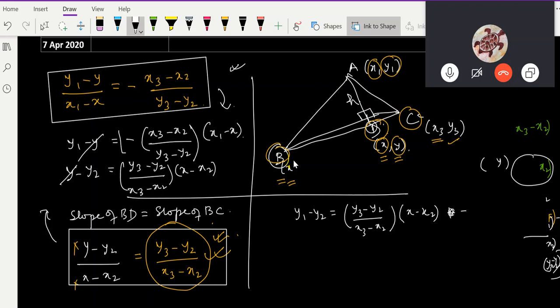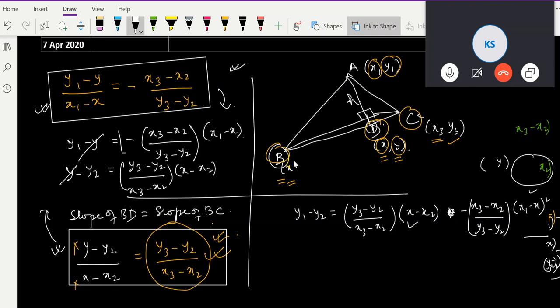So this becomes minus x3 minus x2 by y3 minus y2 into x1 minus x, right? So this is where you will get the value of x, because all other values would be known. After you get the value of x, you have to put it in one of these two equations to get the value of y.